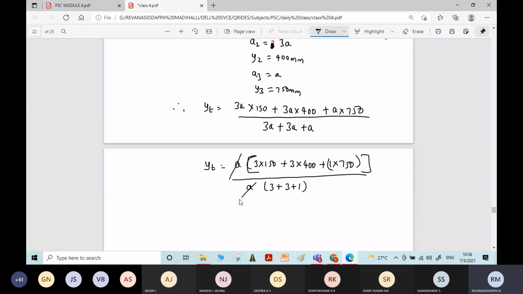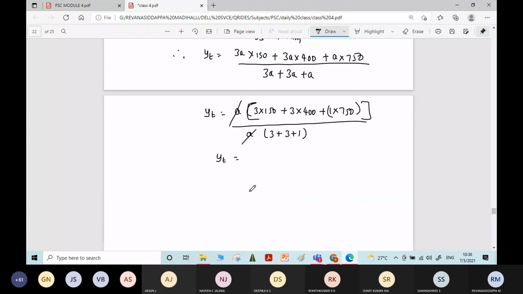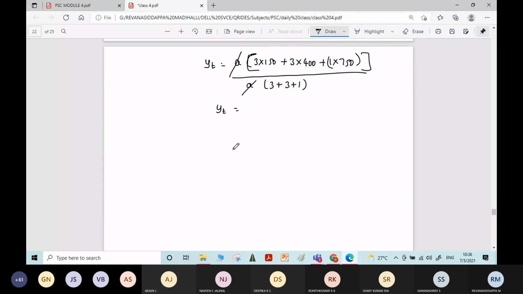A gets cancelled. You will get the distance of the centroid of the cables, 342.8. You round it off to 343 mm.